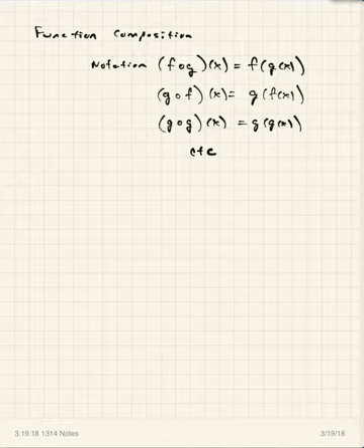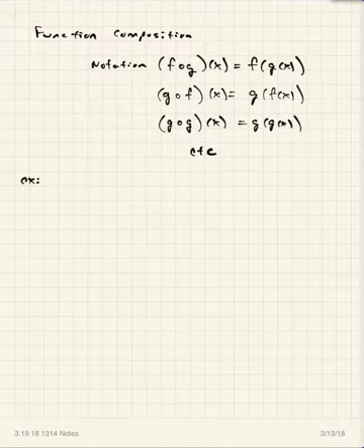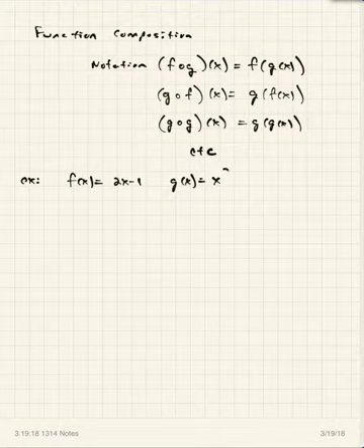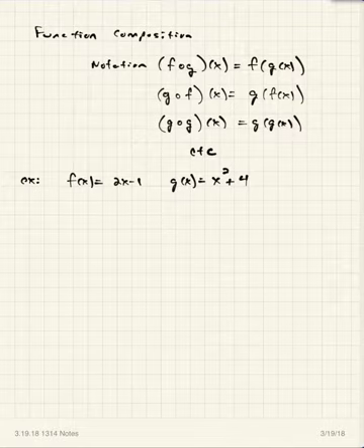All right, so if we have as an example here, f of x equals 2x minus 1, and g of x is equal to x squared plus 4, like that, then let's look at some examples that we want to be able to talk about.